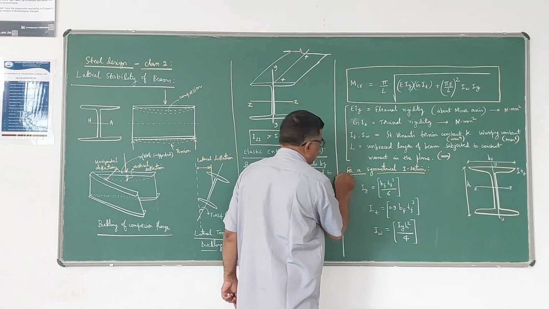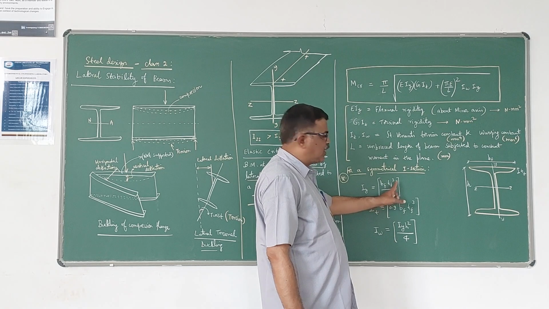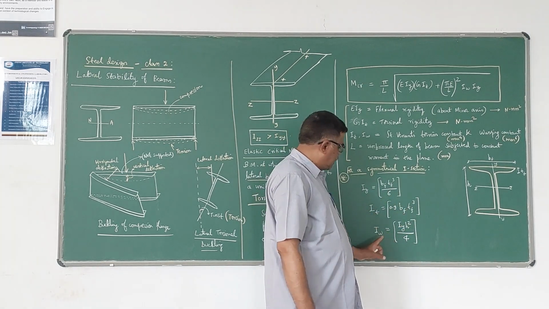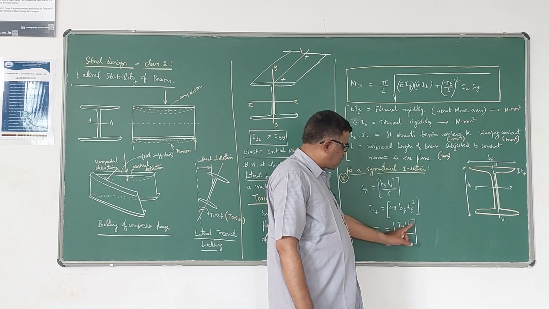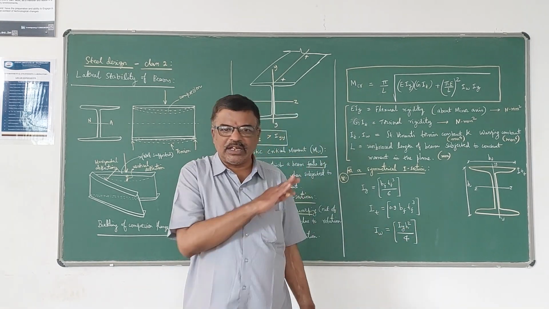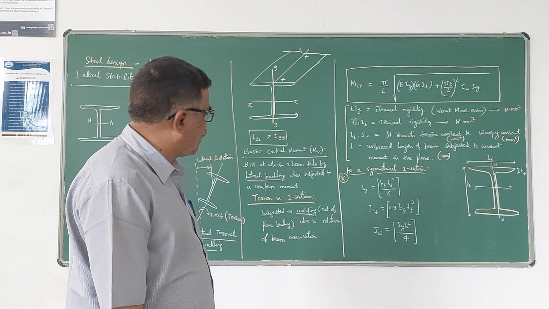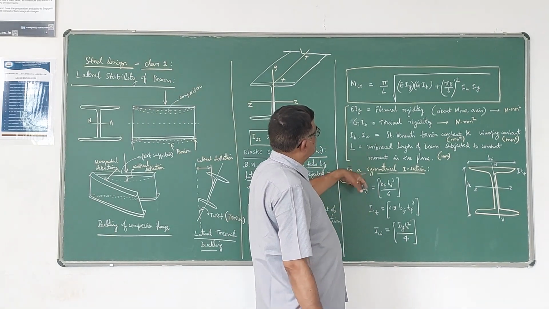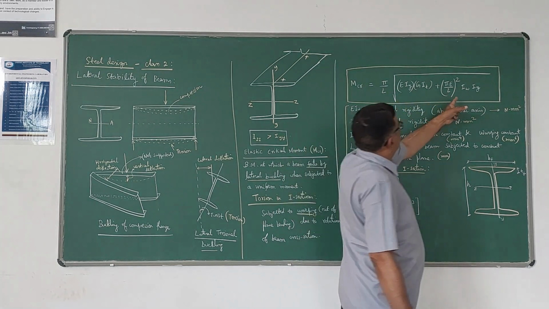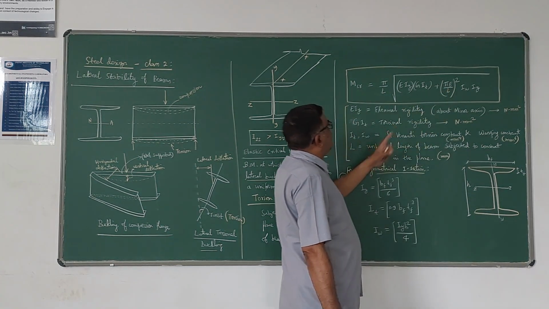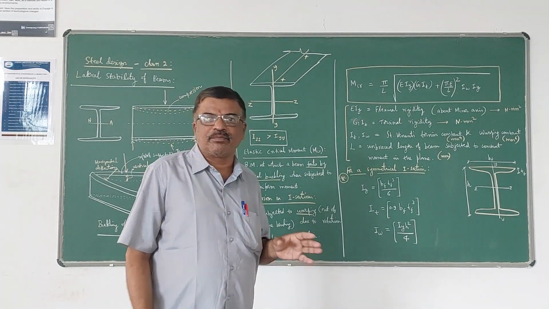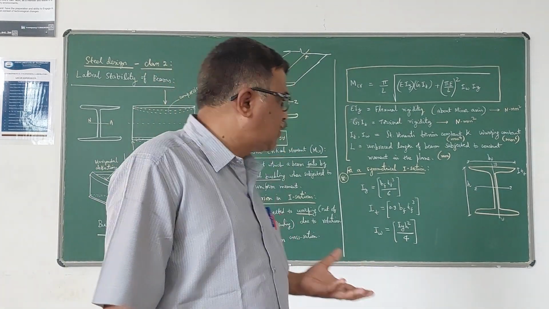You can get Iy as bf into tf cube by 6, It as 0.9 bf tf cube, and Iw as Iy into h square by 4. These are the formulas we can derive for these three values. Then substituting these here, by knowing E value and L value, we can find out the MCR for that particular section.